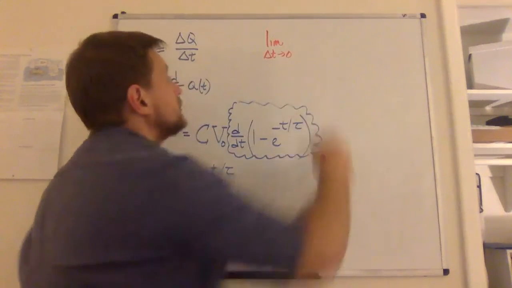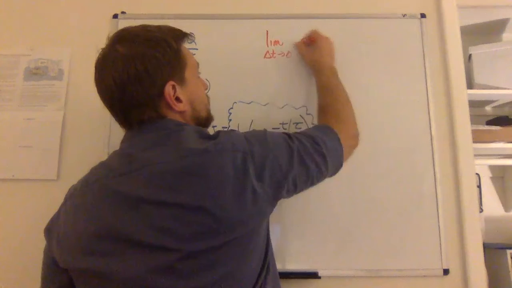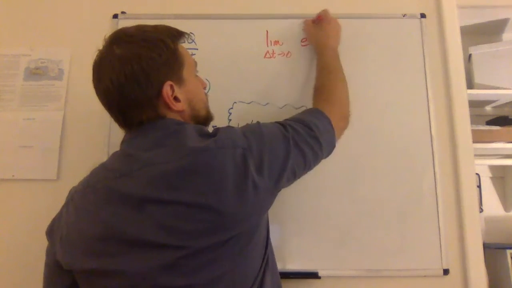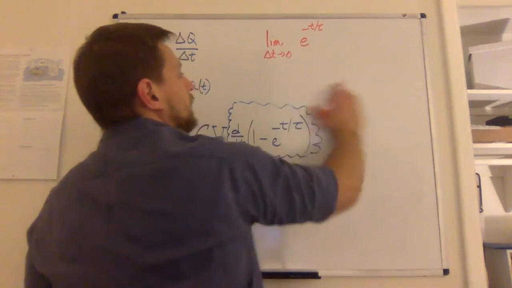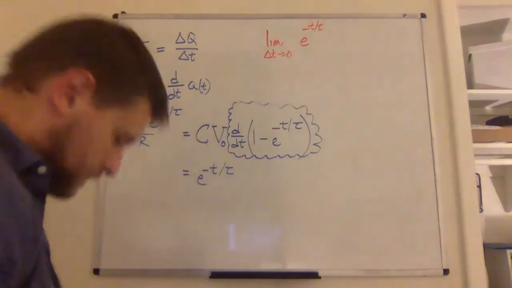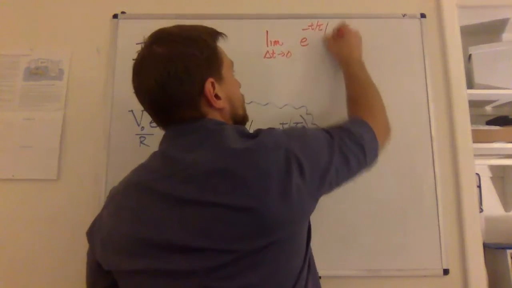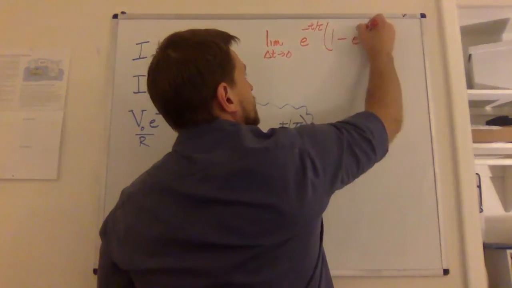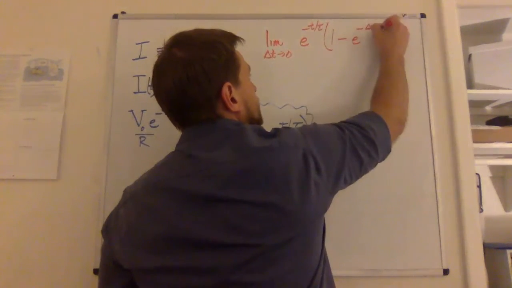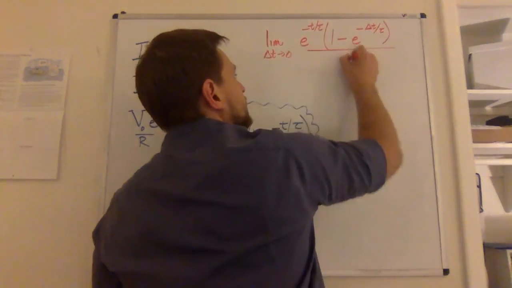Just a second ago, we pulled out e to the negative t over tau. And then we had 1 minus e to the negative delta t over tau. And we're going to divide by delta t.